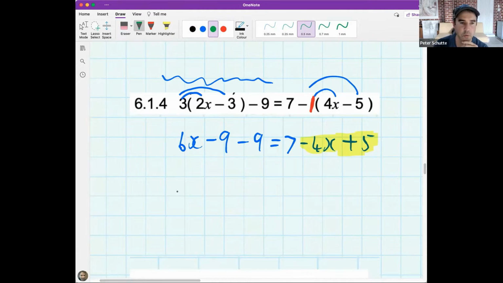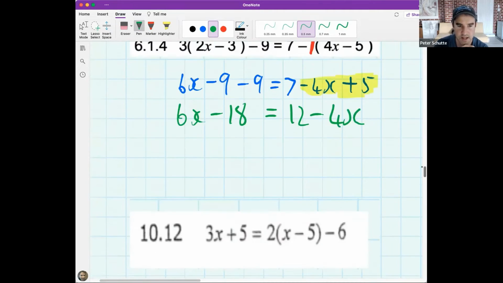Cool. Okay, so my next step, guys, is I would collect like terms, and on the left-hand side, the like terms are just the 9 and 9, so I get minus 18, and on the right-hand side, I get my 7 and 5, so I get 12 minus 4x.